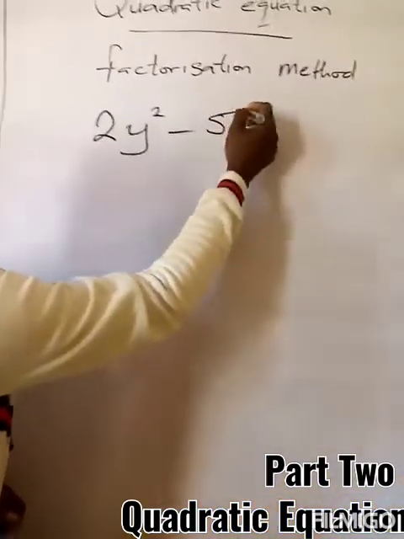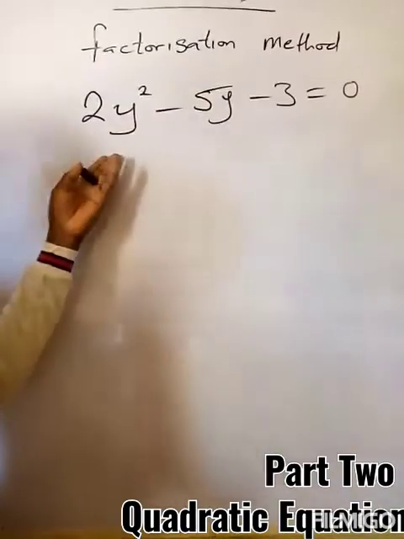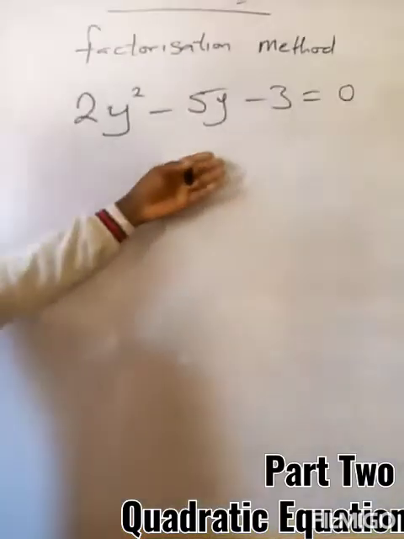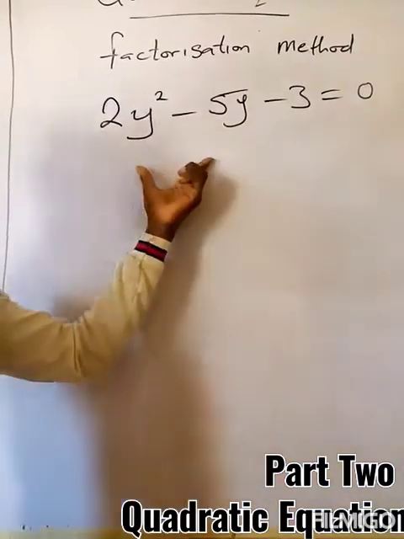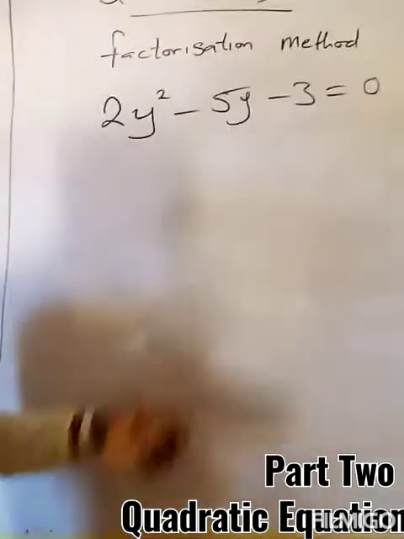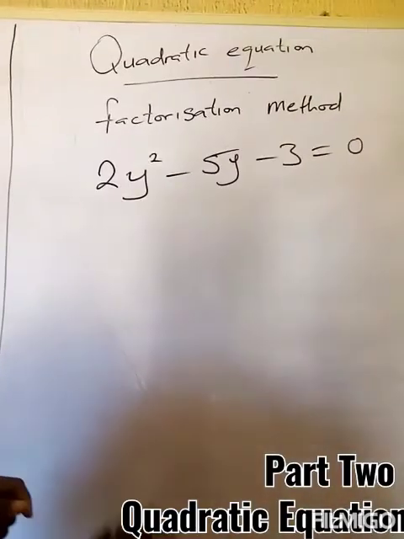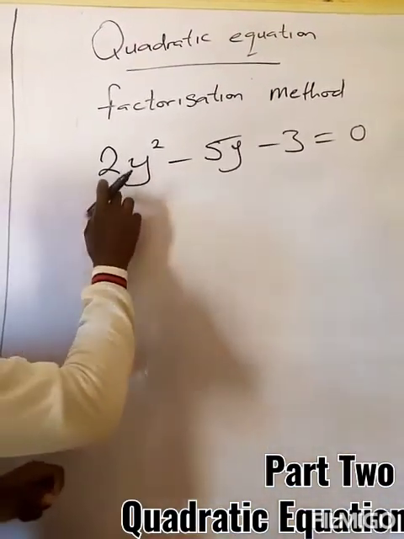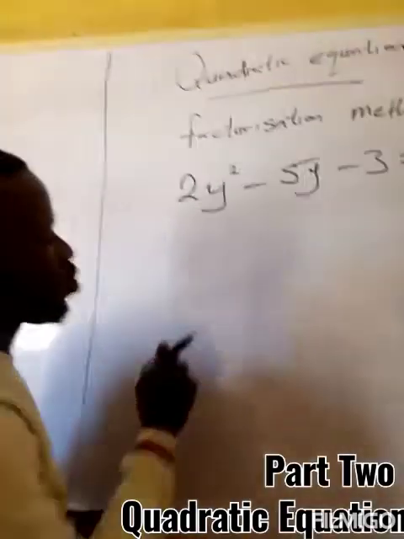Example, if we have this equation 2y squared minus 5y minus 3 equals 0, and we are asked to use factorization method to solve this. The very first thing we consider is the coefficient of this y squared.